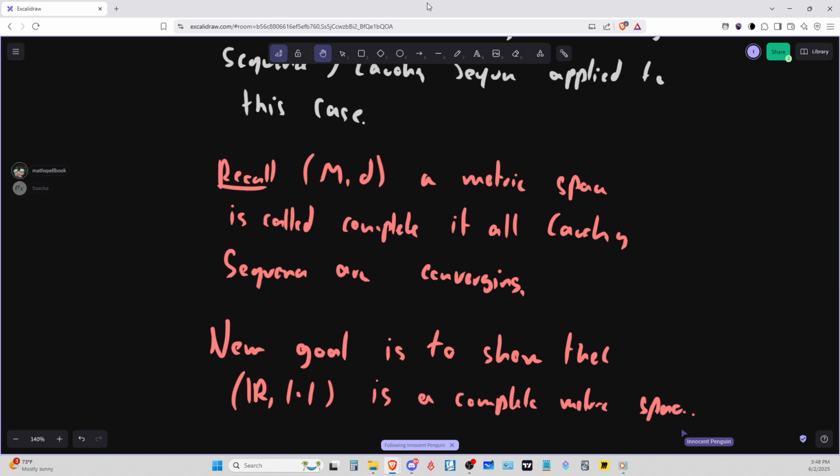There could be that possibility. And one very important property of the real numbers is that that's not the case. The reals are indeed a complete metric space. So that's one goal. Maybe we're going to leave for next time to show that all Cauchy sequences over the real numbers are converging.